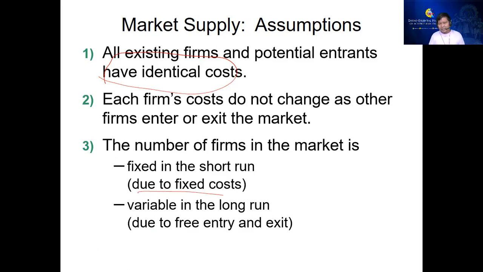Kung daghan na mo sulod, malugi na pod kay kadaghan negosyo, gawas na pod. Daghan na pod gawas, mahal na pod ang presyo sa ilang produkto, ginansya na pod, sulod na pod tong uban. So very variable ang number of firms in the long run.